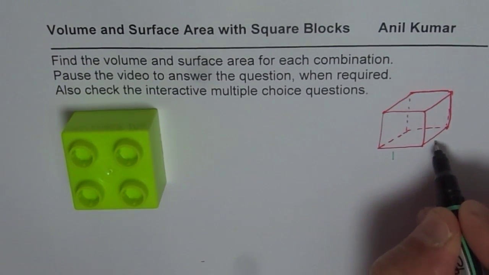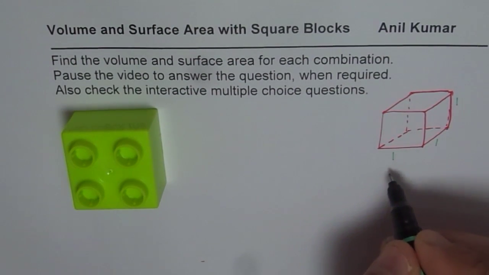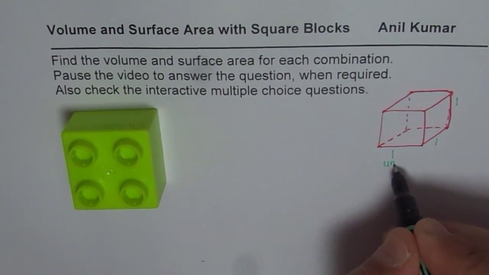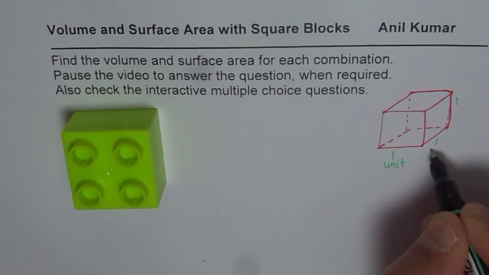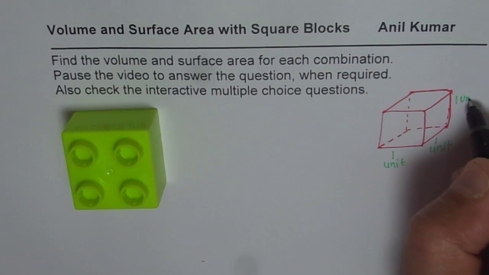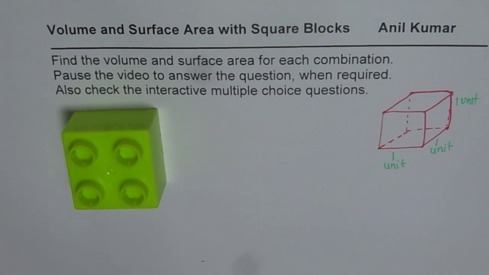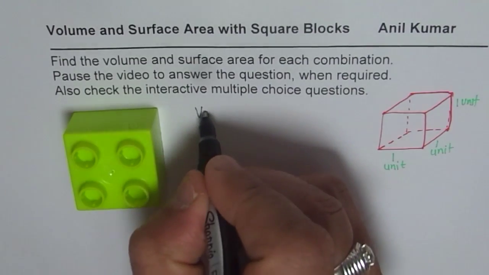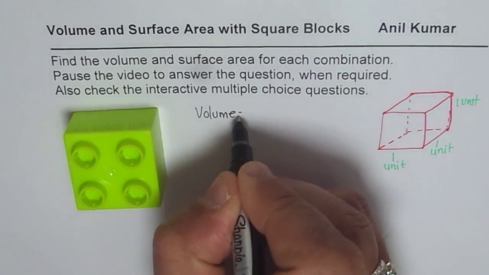So this is 1, 1 and 1, and we don't know centimeters, meters or whatever, so we'll write just 1 unit, right? So each dimension is 1 unit, correct? 1 unit. So that is what we mean, and we will talk about 2 particular things in 3 dimensions. One for us is volume, right? So what is volume?